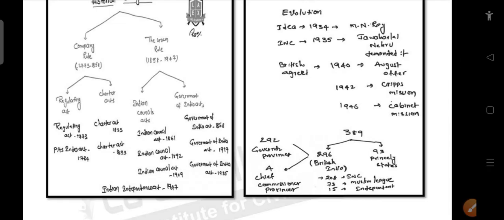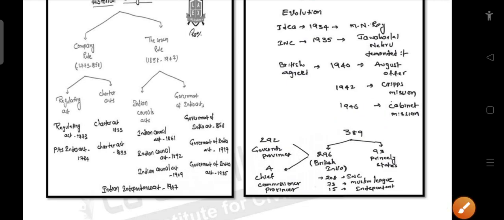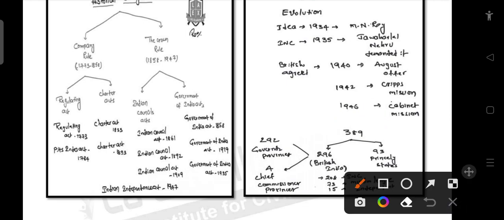Then Article 389, according to which British India had 297 seats, and 93 seats were for the princely states.